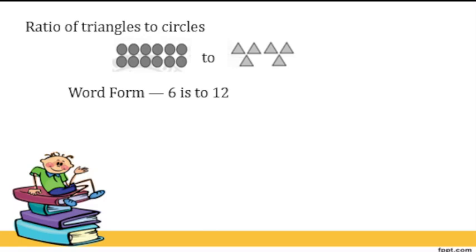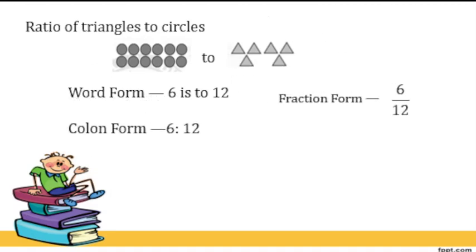Because we talk about the triangles compared to circles. So again, there are 6 triangles and 12 circles. That is in word form. And by colon, that is 6:12. And by fraction, that is 6/12.